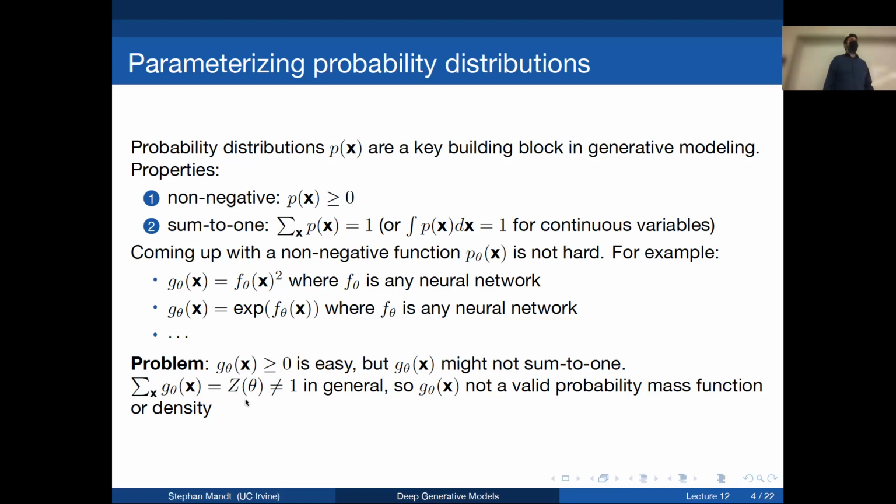It's also called the partition function, and we'll talk later more about it. That is usually by default not necessarily 1, unless we make special choices for g or f. And so g theta in general is not a valid probability mass function or a probability density function.